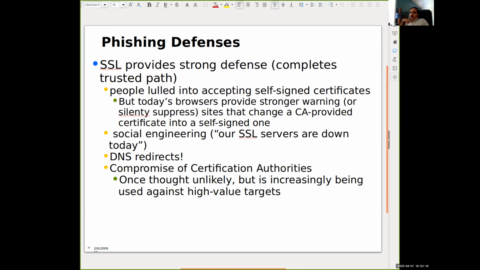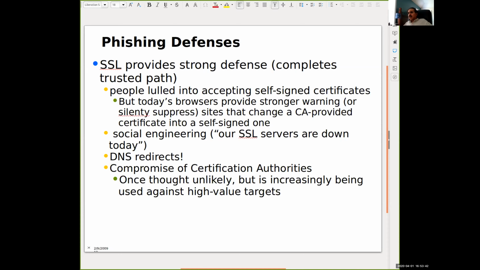Based on that, you can tell, okay, I am on the real website, and then you can type in the password and you'll be safe. But of course, that doesn't prevent attackers from trying various social engineering techniques.